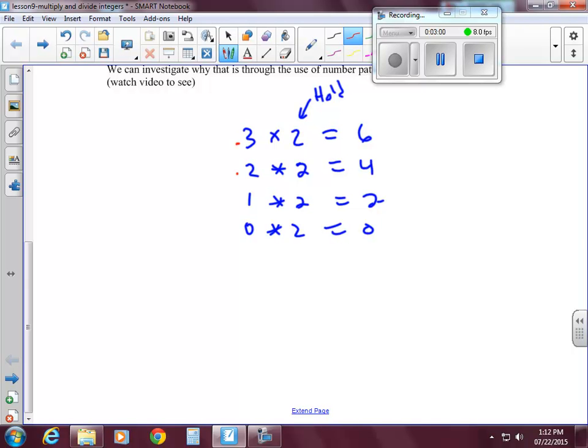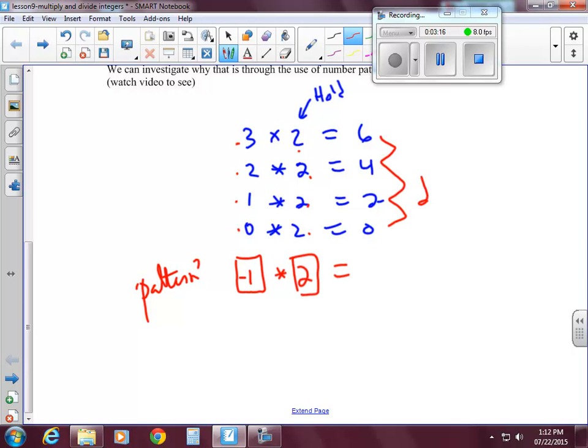3, 2, 1, 0. Just solely pattern-wise, what should be the next number in the list? Okay, -1, right? 2, 2, 2, 2. Next number in the pattern would be a 2. Here, 6, 4, 2, 0. It looks like it keeps going down 2. Well, then what's the next number?